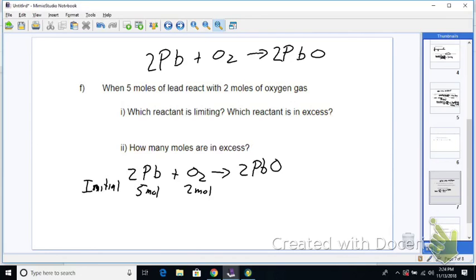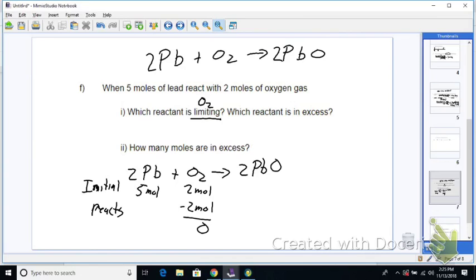You guys predicted right. So here's the deal. We think that oxygen is limiting. Now let's prove it. This is what you do to prove it. You're going to say, since oxygen runs out, I'm going to have to subtract 2 moles of it, and it becomes 0.